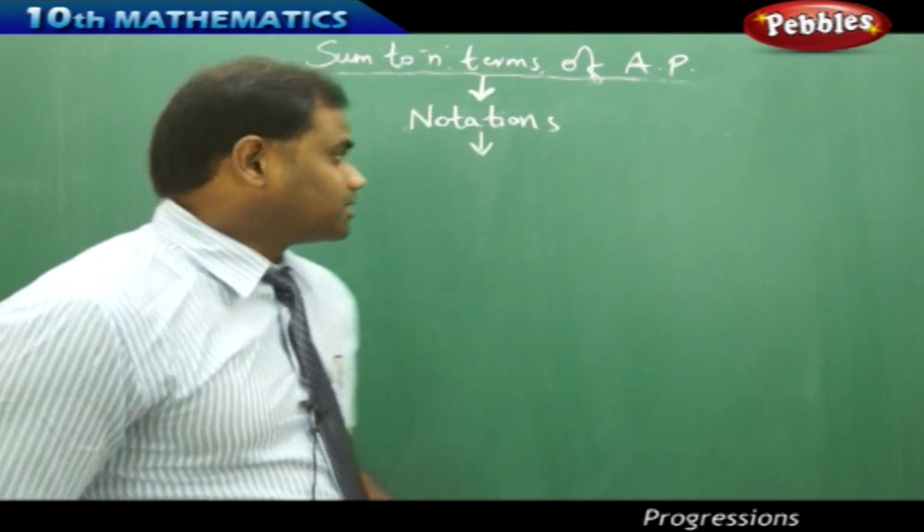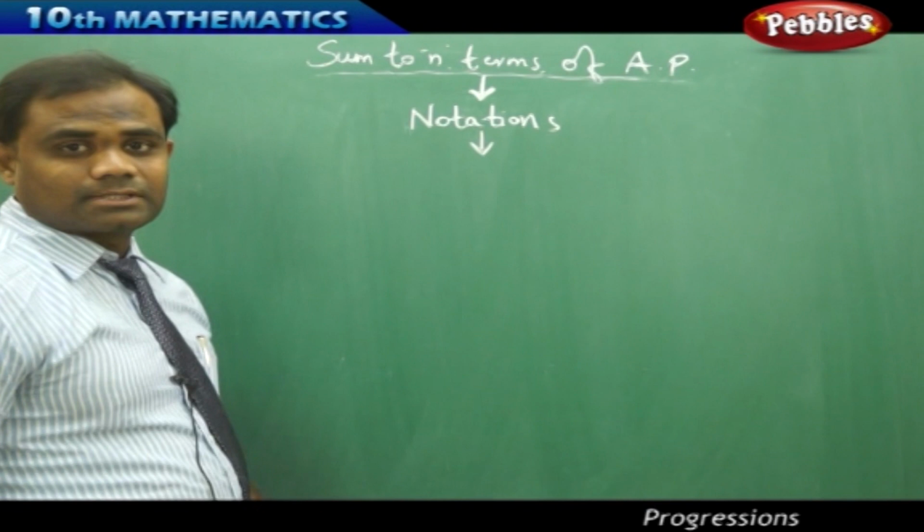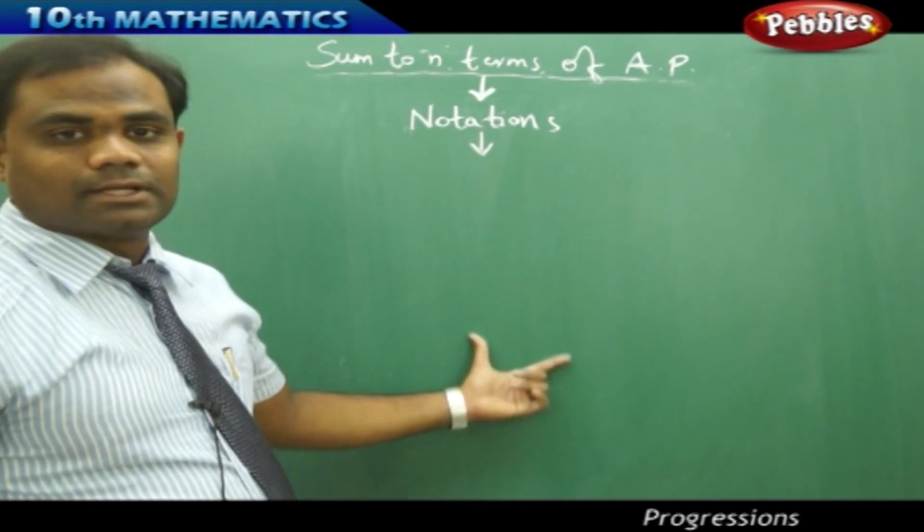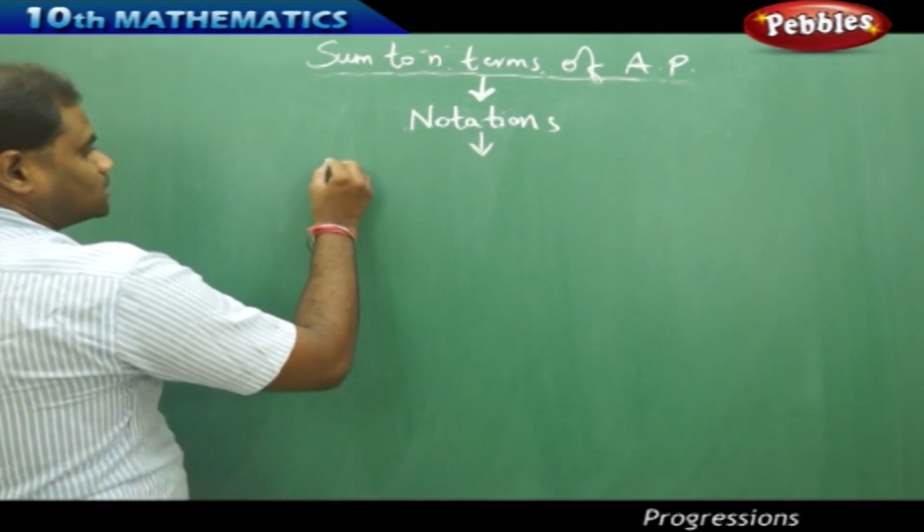So let's see the notation for the sum of first n terms. As we have derived the basic formula, let's recap in detail here.